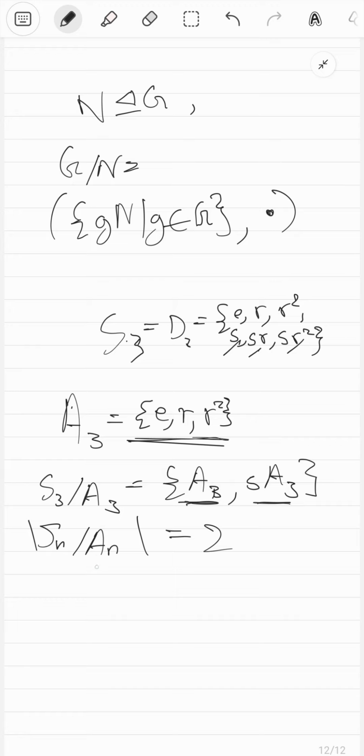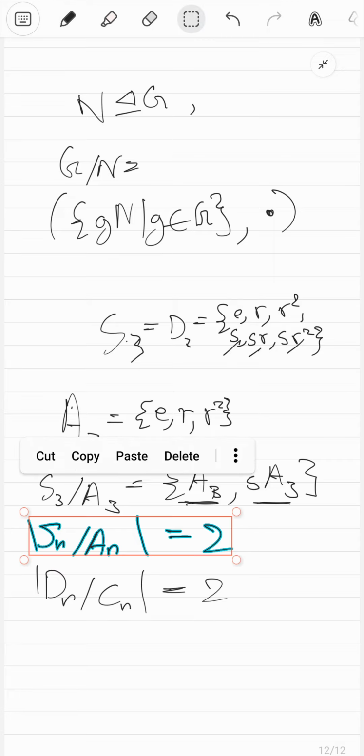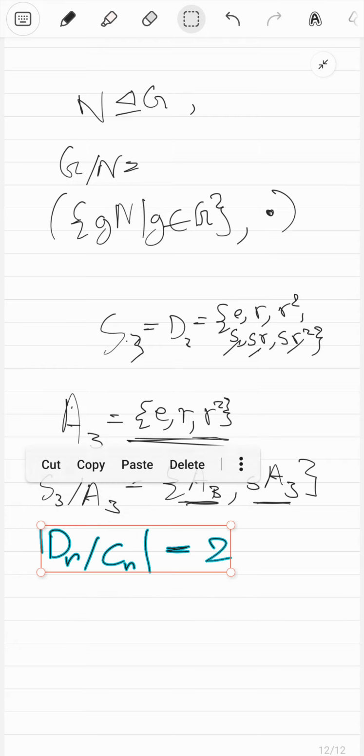I think another way to say this is, okay, this might be just better. So Dn upon Cn. Cn is a cyclic group on n elements, and the quotient has size 2. That's an example that we can deal with right away.